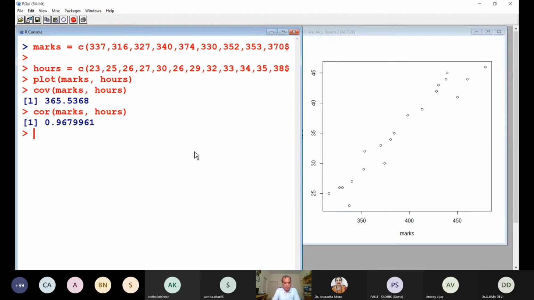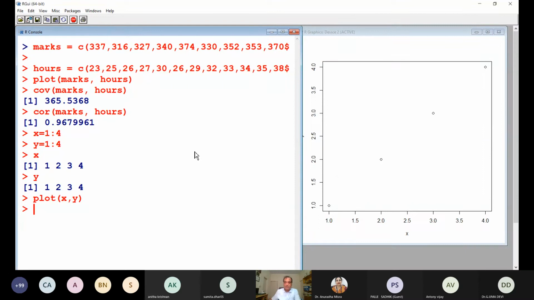And similarly, if you take two variables, x equal to 1 to 4, and y also 1 to 4, and you try to plot x, y, you get the same line.